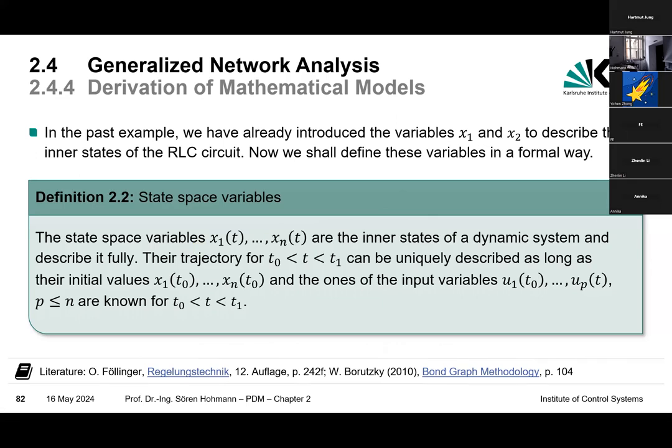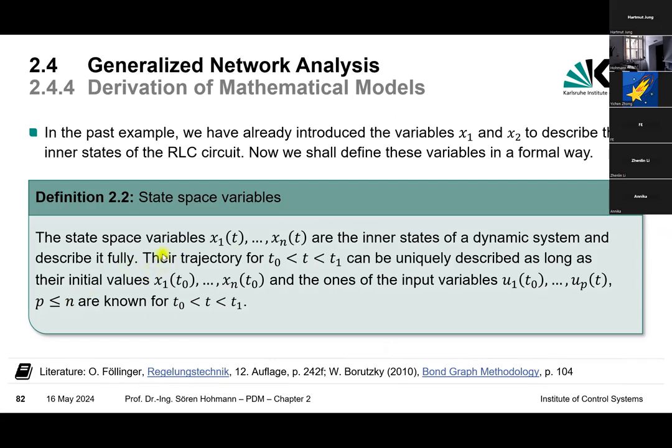Fully described means that every value of any effort or flow variable can be calculated out of it. This means fully. So every value of every effort or flow variable, this is always, again, a little bit not well defined in the bachelor degree or first master lectures.